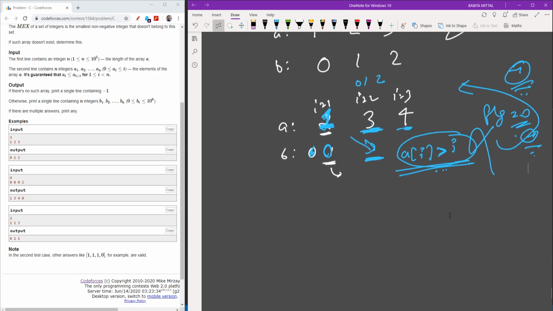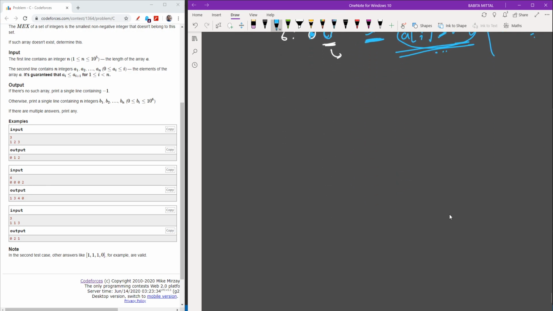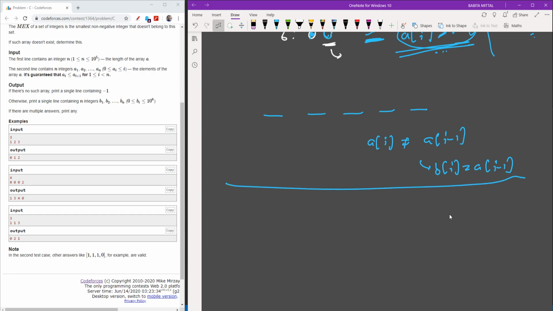So I hope that you are with me up till now. So up till now, what we have understood is that if I have an array and if A of I is not equal to A of I -1, then I will write my B of I as A of I -1. Another thing we have understood is that if at any point of my array A of I is more than I, then I will mark my flag as 0 and thus I will print -1.